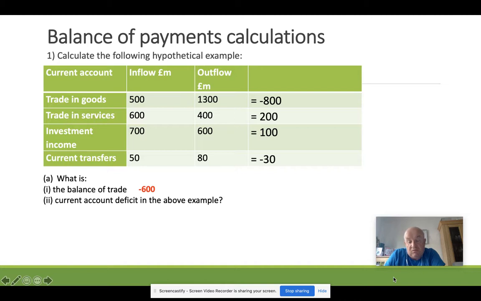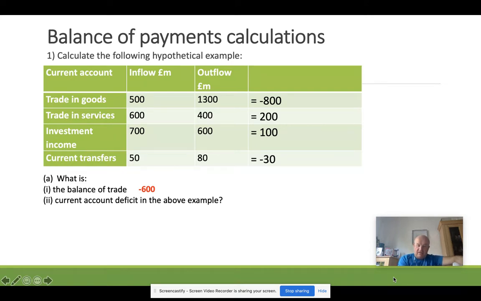So in this instance, obviously we've got a negative of 800 million in terms of importing more than we export, but we've got a 200 million pound surplus in terms of trading services. But overall, in terms of the balance of trade, we are minus 600 million. Now, obviously, that means that we've got to use some form of financial instrument in order to balance that whole process up based on what we talked about previously.